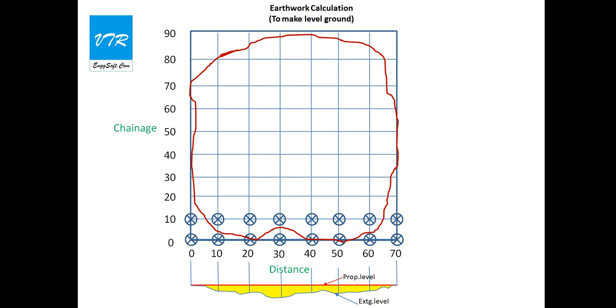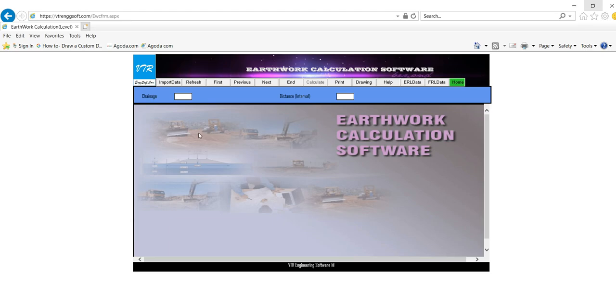Using this concept, this software has been programmed, importing input data into the application, so you can get the result, the total quantity required for filling up this area. So let us go to the application. We'll see how it works.